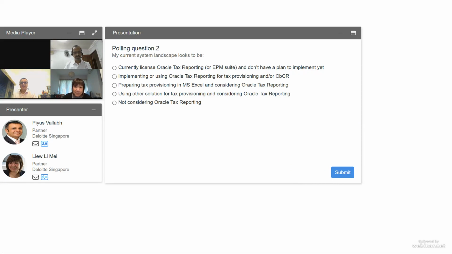The polling question is: your current system landscape looks to be one of 5 options. 1, you currently license Oracle Tax Reporting or an EPM suite and don't have any plan to implement yet, or maybe later. 2, you're implementing or using Oracle Tax Reporting for tax provisioning and/or CBCR. 3, you're preparing tax provisioning in Microsoft Excel and considering Oracle Tax Reporting. 4th option is you're using another solution for tax provisioning and considering Oracle Tax Reporting. Or the 5th option is you're not considering Oracle Tax Reporting at all.